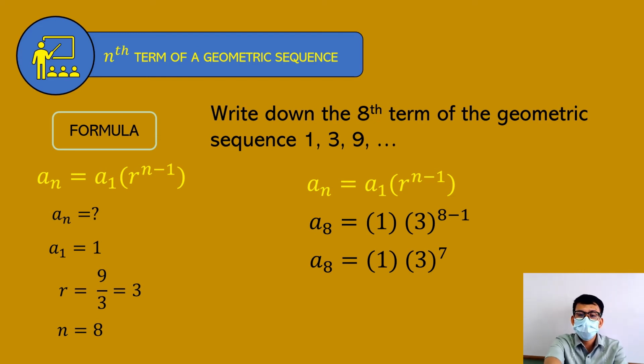So what is 3 to the power 7? When you say 3 to the power 7, that is not 3 times 7, but 3 times 3 times 3 times 3 times 3 times 3 times 3. So there are 7 3's to be multiplied, and that is 2,187 times the first term, which is 1. So we can say that the 8th term of the given geometric sequence is 2,187.